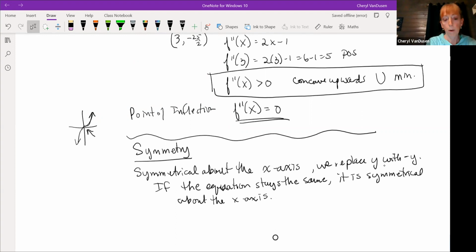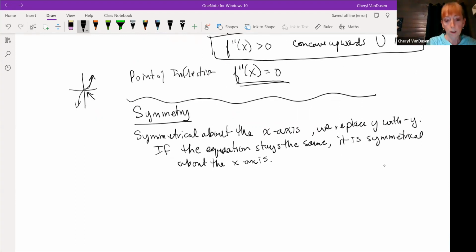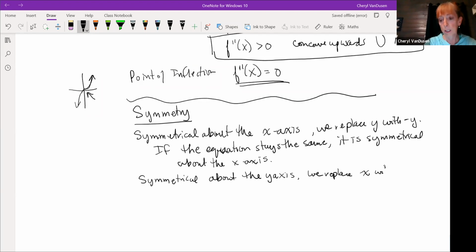Being symmetrical about the y-axis is just the reverse, right? We replace the x with minus x, and then we do the same thing.